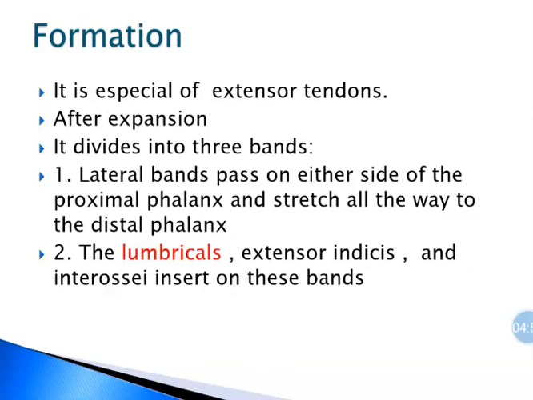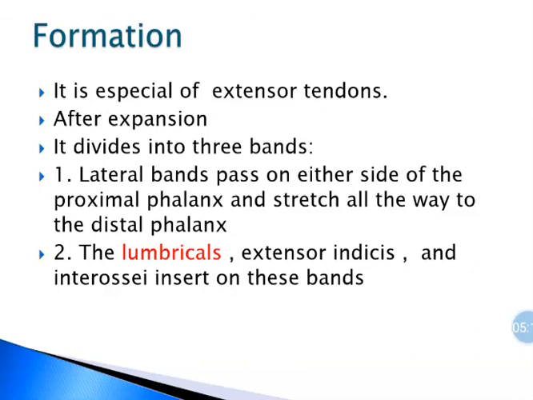So after expansion is formed, which is like a hood, it divides into 3 bands. Two lateral bands on either side of proximal phalanx, and they stretch all the way to distal phalanx.